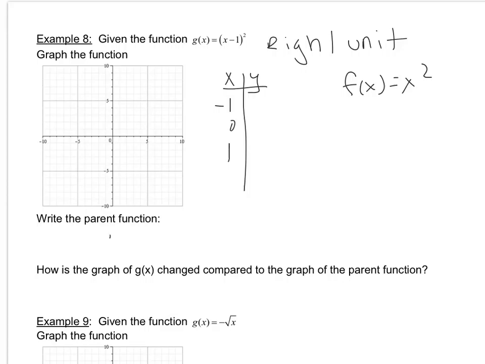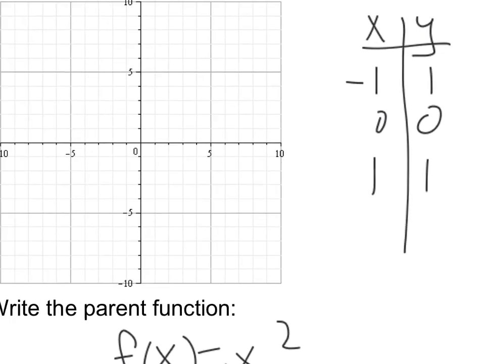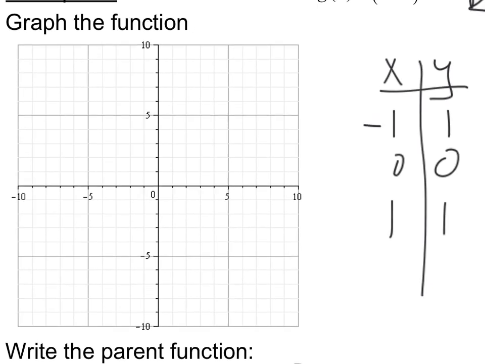Okay? So f of x equals x squared. If we plug those in, you get 1, 0, 1. So if we go to graph that one, we have that.